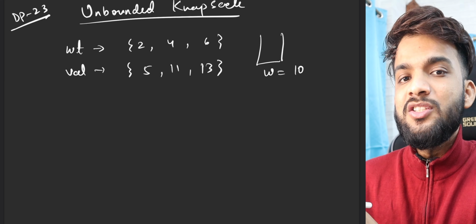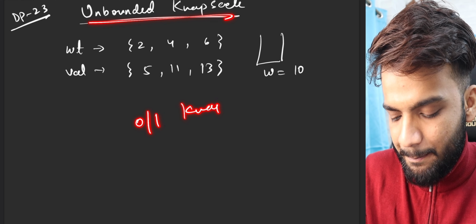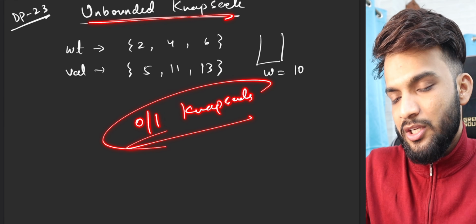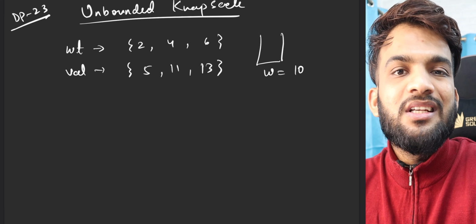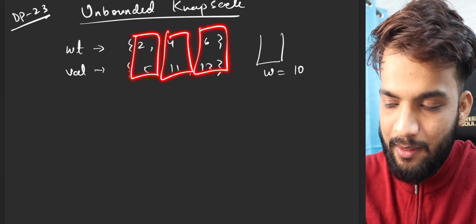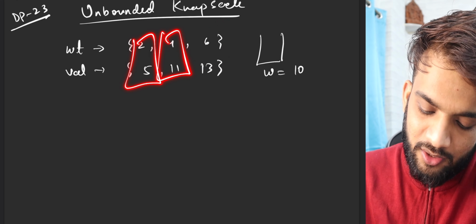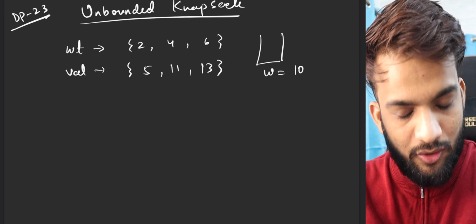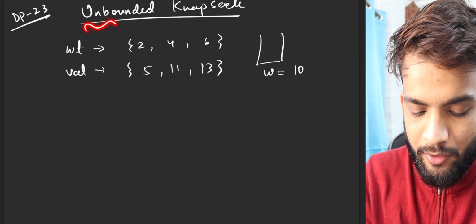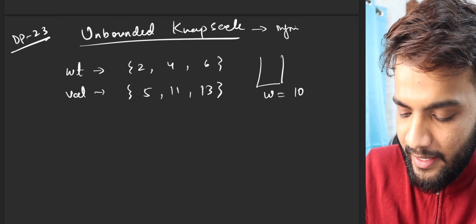But how is this problem different from 01 knapsack? Let's understand this. In 01 knapsack, it was clearly stated that there will only be one occurrence. Yes, I repeat, there will only be one occurrence of these items. But over here in unbounded knapsack, it states there is an infinite supply.